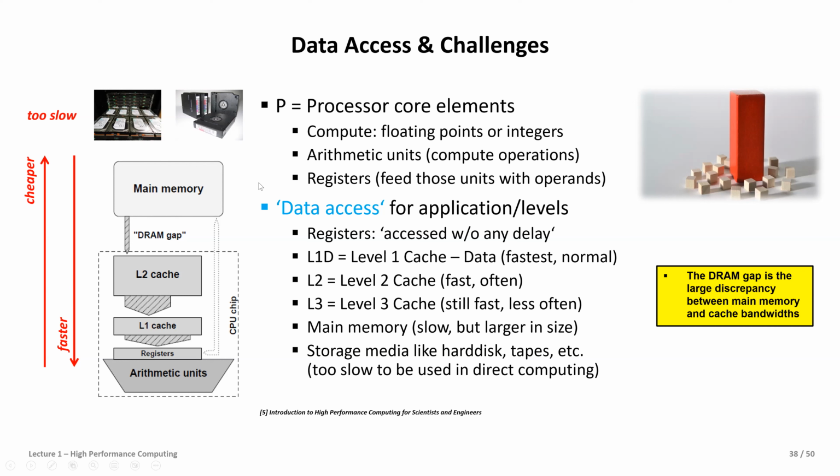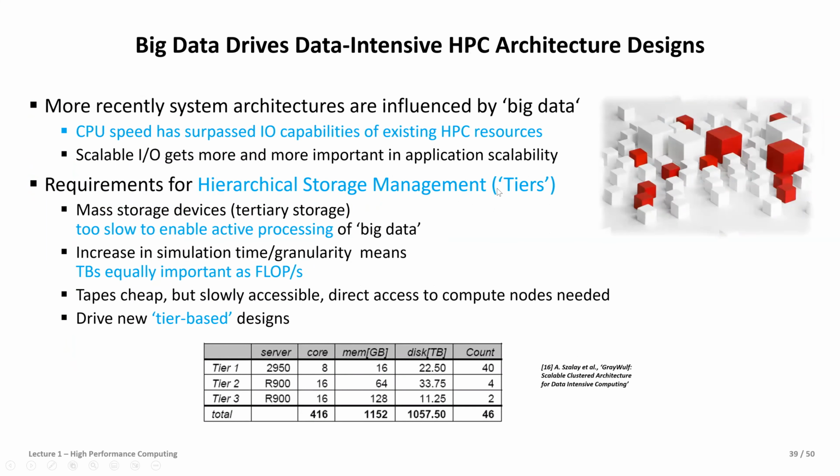All of this is what we call the DRAM gap, a large discrepancy between the main memory and the cache bandwidth. And more broadly speaking, storage limits what we can do in compute. I will talk about it in several lectures.